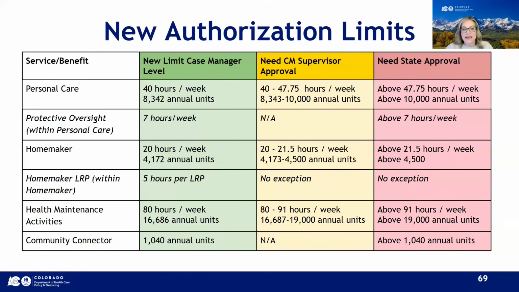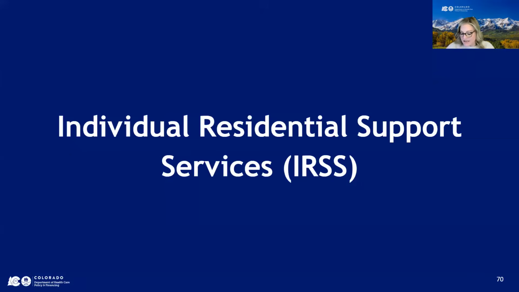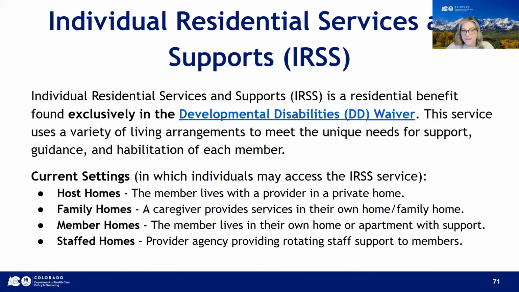We said you cannot have an exceptions process to authorize Community Connector for people below age 6. There is no exceptions process to the 5-hour limit for LRP. In the next slides, we're going to move to talking about changes for IRSS. And that chart that we showed, it will be available for you as a resource as well.